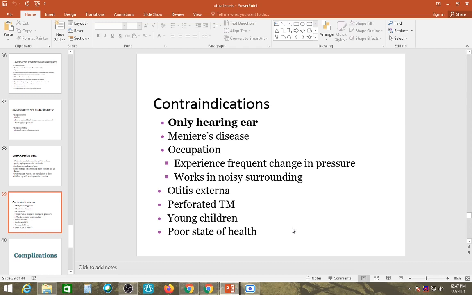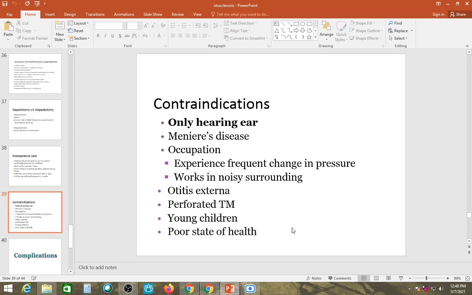Ma'am, if the patient can hear, then we will not perform surgery. Surgery is contraindicated if the patient can still hear.